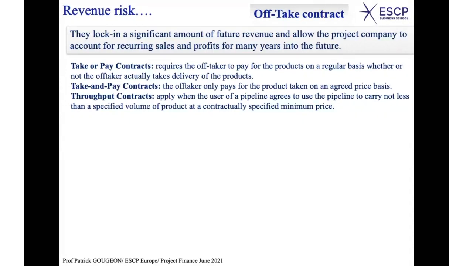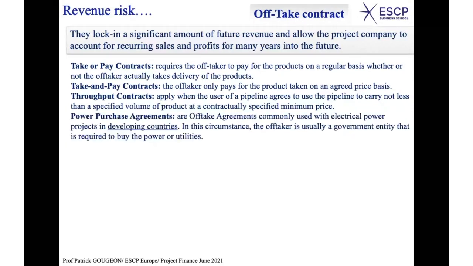Power purchase agreement. I will develop that later on because that's an interesting case. It's an offtake agreement commonly used with electrical power projects in developing countries. In this circumstance, the off-taker is usually a government entity, typically the grid, the TSO, as we call it, a state transmission operator that is required to buy the power.